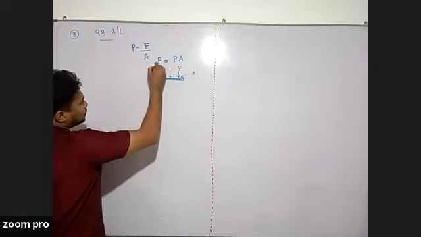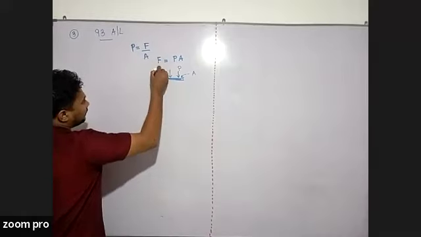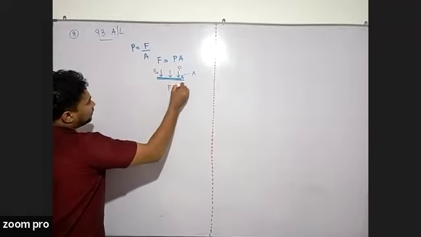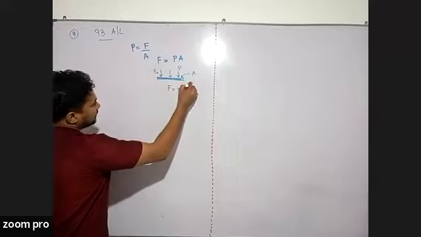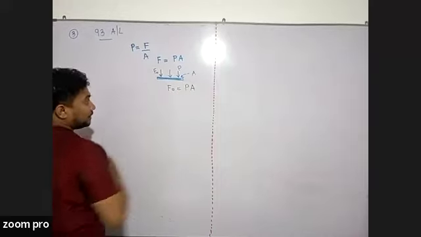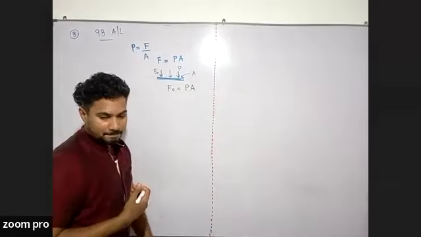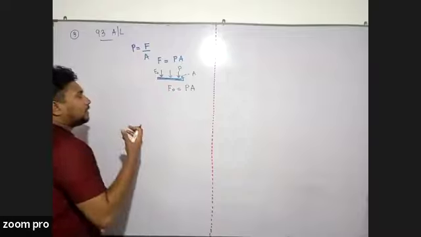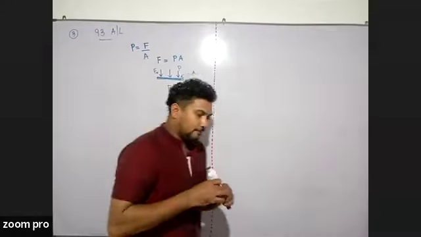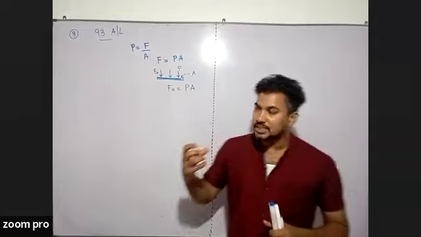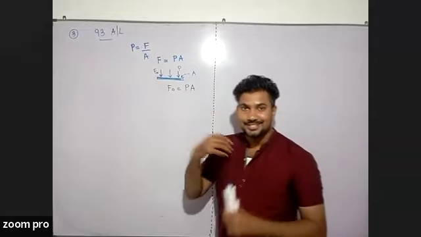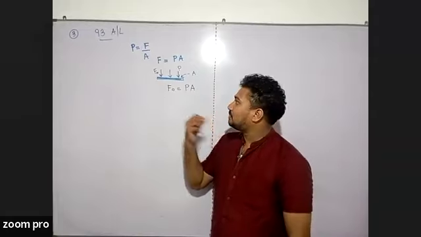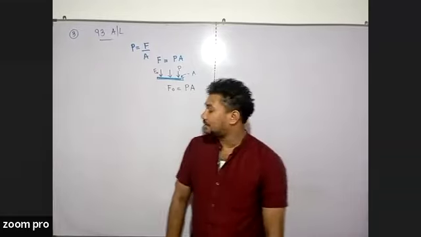Let's call the force F naught, then F naught can be obtained by using this equation, F naught equals PA. Likewise, we can obtain the force which is exerted by the pressure.